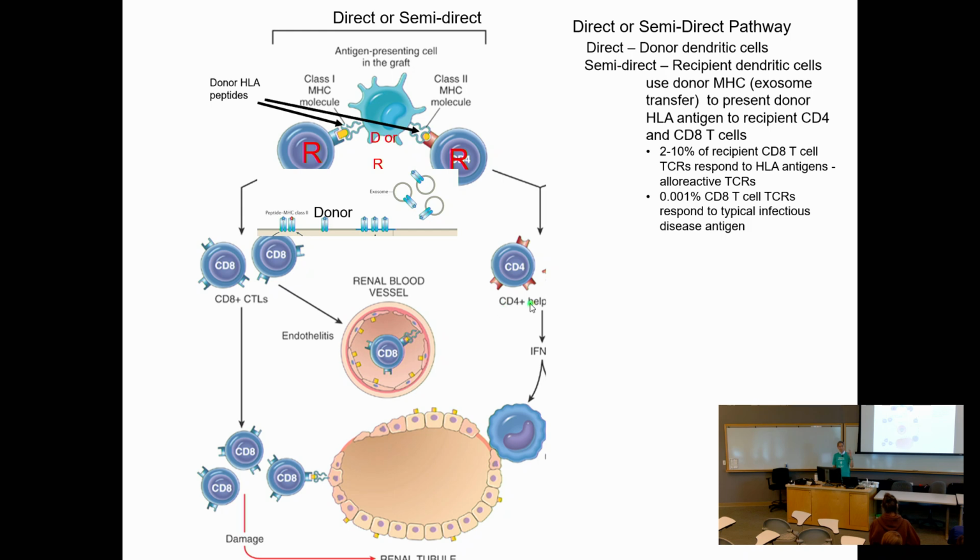So the recipient dendritic cells are now expressing donor HLA molecules with donor HLA peptides to activate these CD4 and CD8 cells. But the main thing to remember is that the interaction is between the donor HLA presenting molecules with HLA peptide to recipient T cell receptors. Did everybody get that?